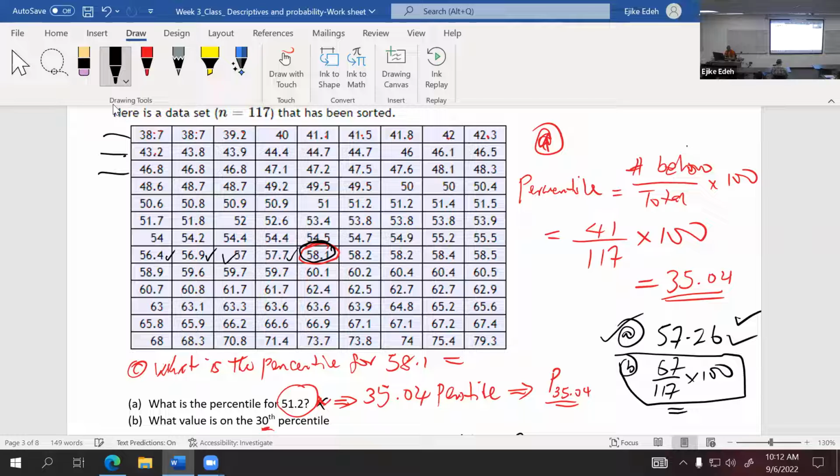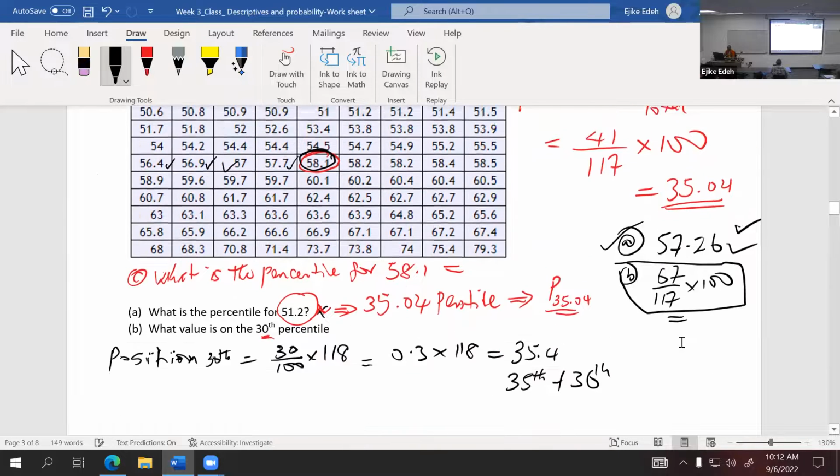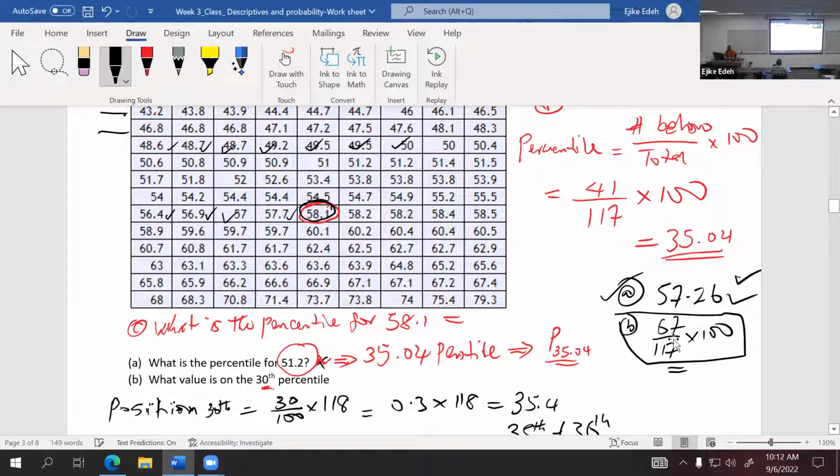The next will go to 36, so we can count 27, 28, 29, 30, 31, 32, 33, 34. And we're looking at the 35th position and 36th. Is that correct? Yeah, 35th and 36th. So that is 27, 28, 29, 30, 31, 32, 33, 34, 35, and 36.